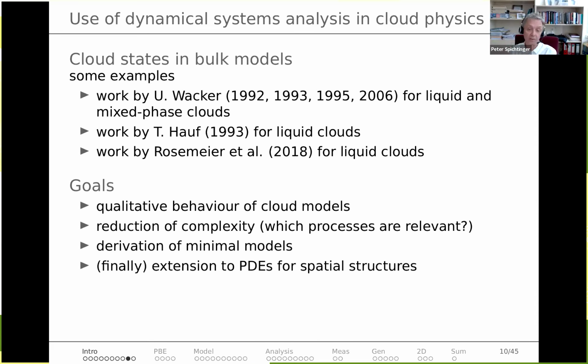And the usual goal for these things is to understand the qualitative behavior of these cloud models, to try to reduce the complexity, so which processes are relevant and which are not, maybe deriving further minimal models from these more complex models, and finally, and this is nothing I will talk about today, to extend these things for partial differential equations for spatial structures. But here we are just talking about point models, which can be described by ODEs.